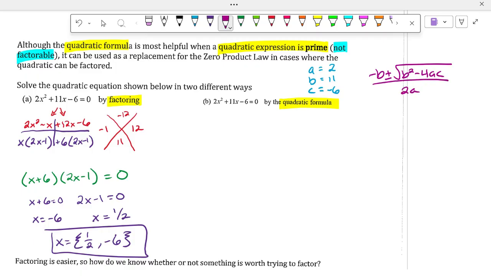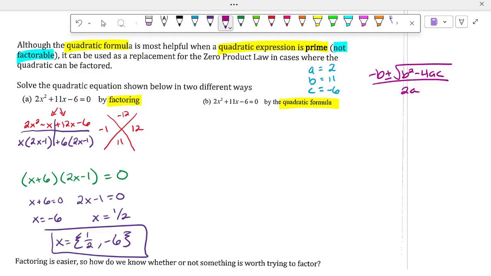All right, that's the quadratic formula. So now I'm going to put everything in the formula. I'm going to replace all the letters with the numbers that I already stated equal those letters, but I'm going to do no simplifying yet. I'm not going to jump the gun.